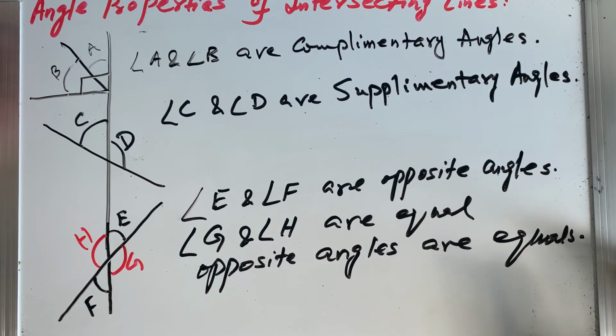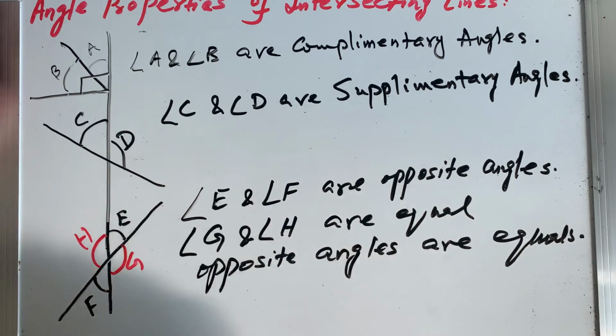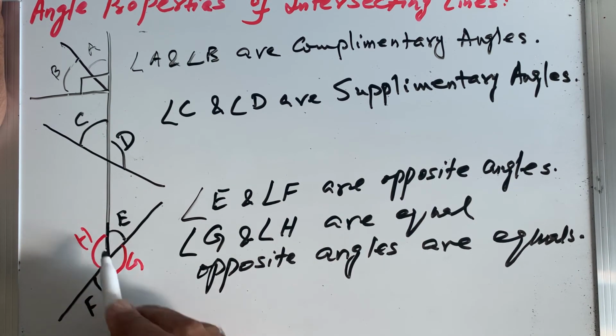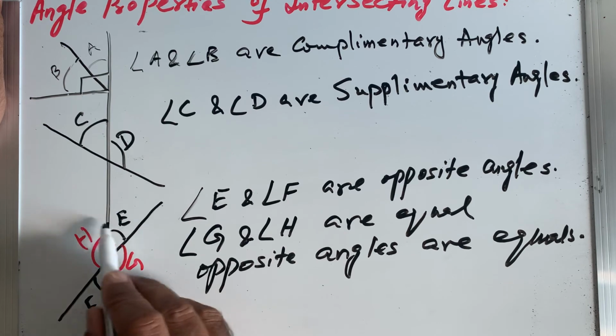We will be using these properties while solving complex equations of intersecting lines, and we will see how we can use these three properties: complementary angle, supplementary angle, and opposite angle. You can see that opposite angles are equal. Why are opposite angles equal?